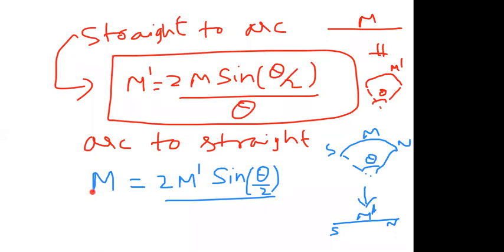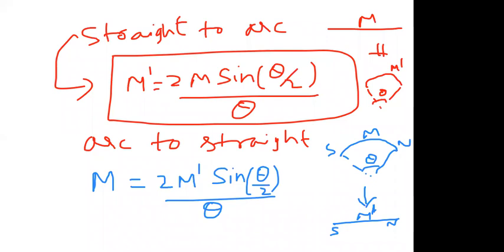So replace M dash with M, and the straight magnetic moment M with M dash. So M equals 2 M dash into sine of theta by 2 by theta.